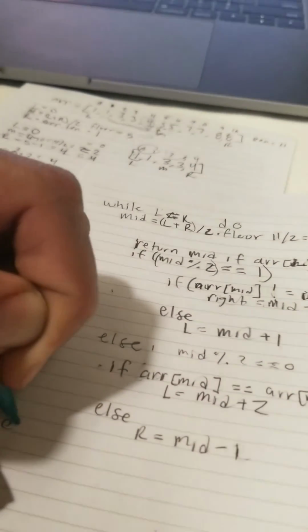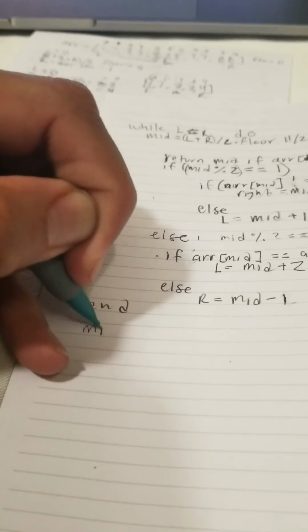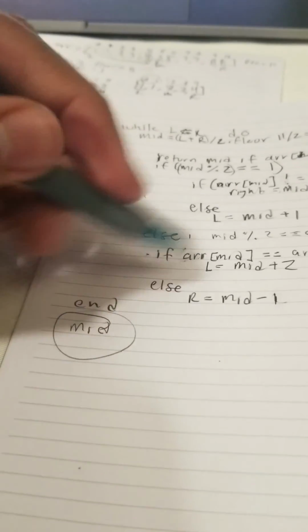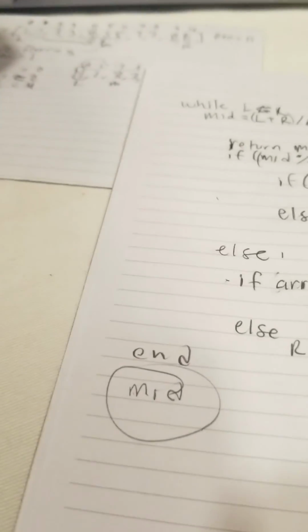Since we're doing a Ruby markup, I had to do mid at the end so I can return what's left. And mid would give us, based off of this, that the index at 4 is our solution.